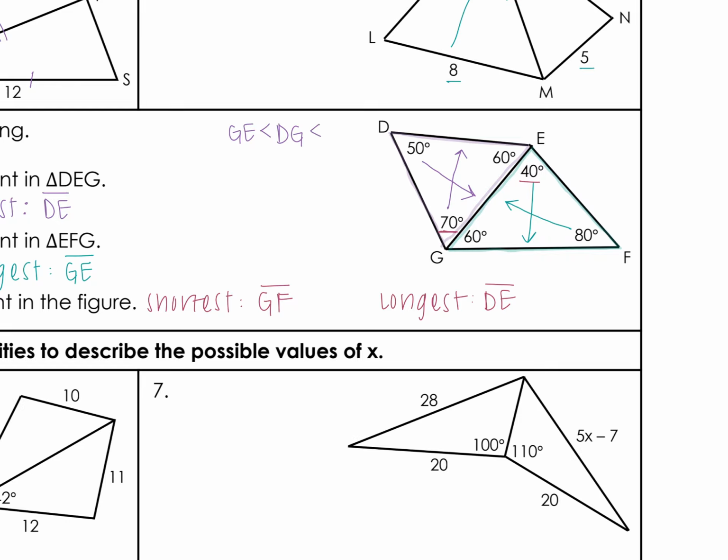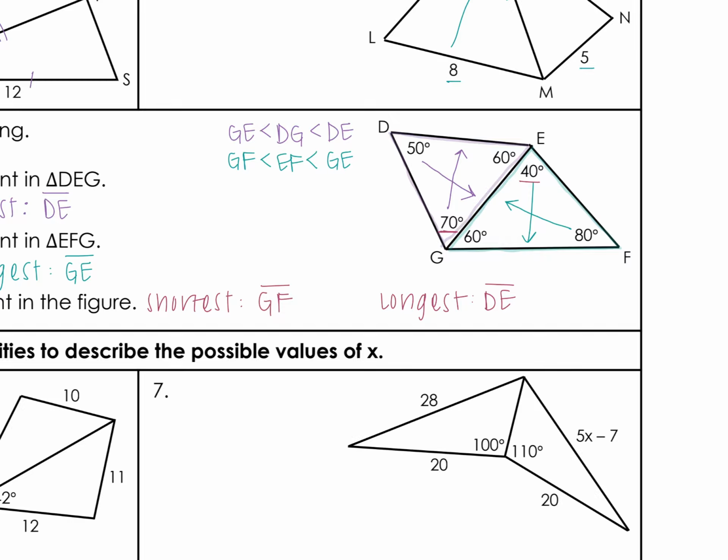And then the longest one would be that DE. Okay, then moving into my teal one, the smallest one would be that GF. Then we get larger with that EF. And then my largest one would be that GE.